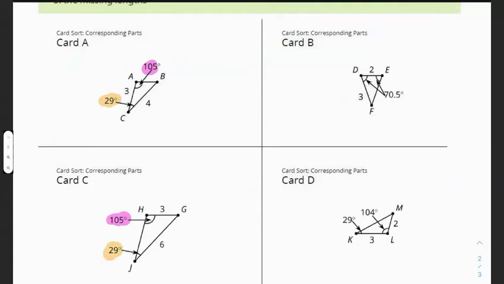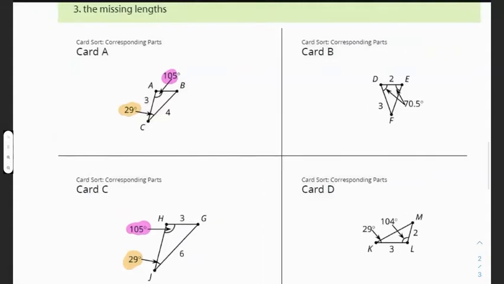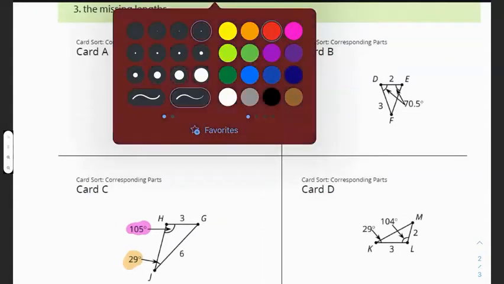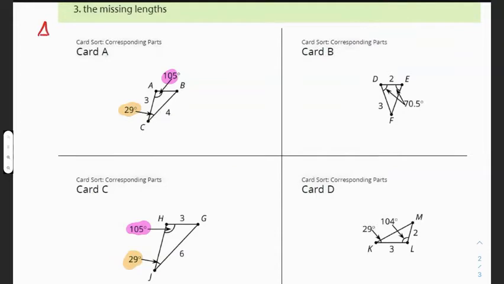So I know that triangle ABC is similar to triangle HGJ. I'm making sure they're corresponding.